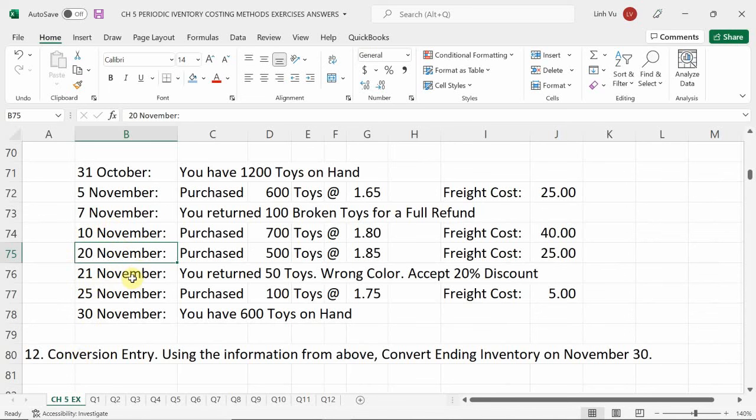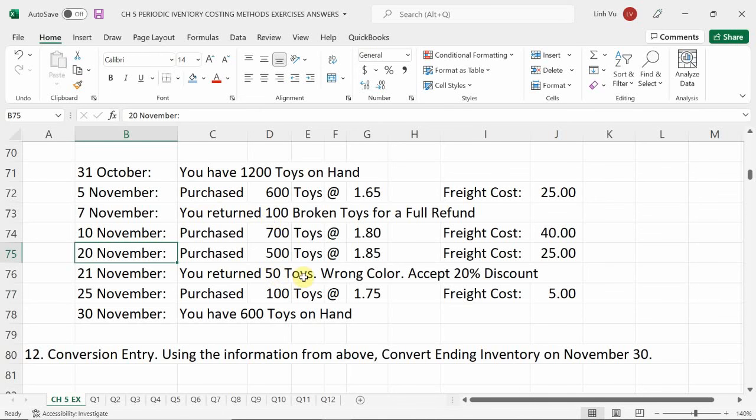Okay. Then November 21st, we end up returning 50 toys. They were the wrong color, and we were still willing to accept a 20% discount. So 50 of those toys were the wrong color, but they convinced us to keep the items, and we were willing to accept that 20% discount.